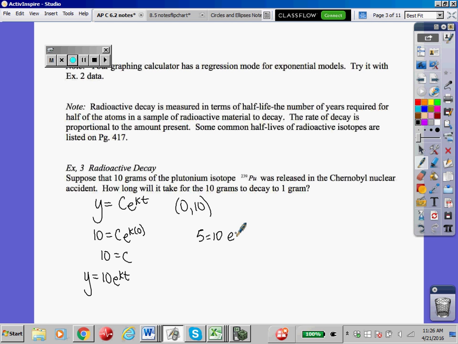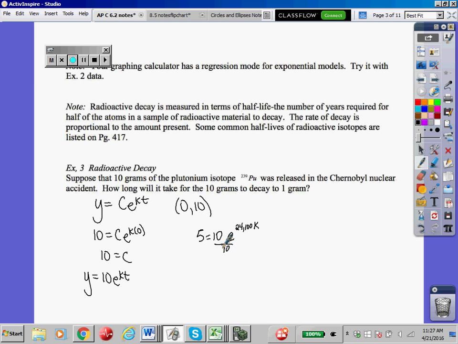It's 24,100. I went and checked. Thank you. That is correct. It is 24,100. That's the time it takes to cut it in half. So 5 equals 10e to the 24,100k. So now we need to find the k value.